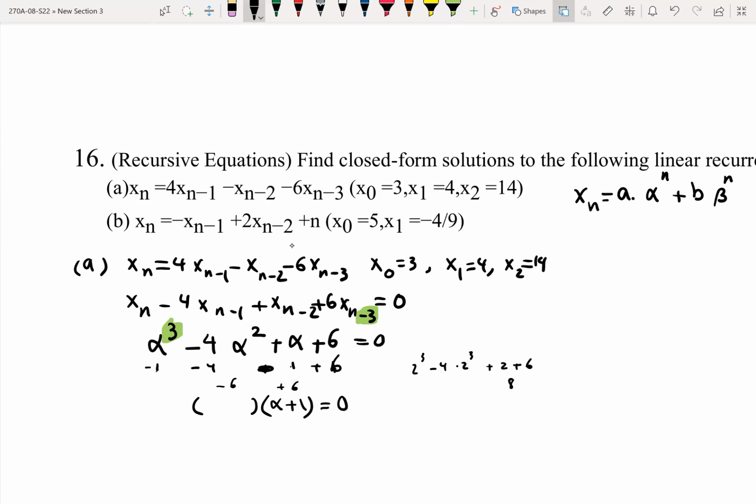I don't know if you guys remember how you guess the solutions in your earlier pre-cal classes. 8 times 4, 32. Does it make 0 or no?